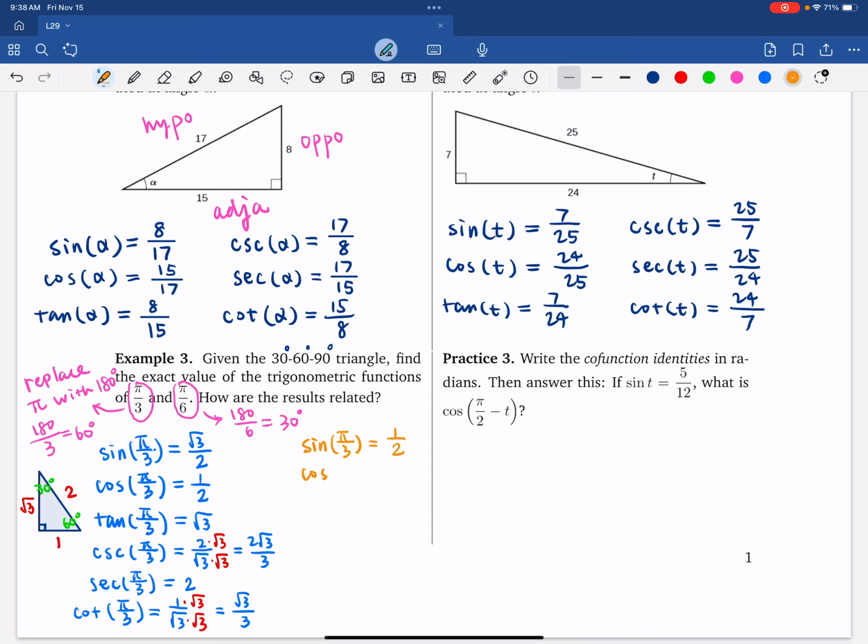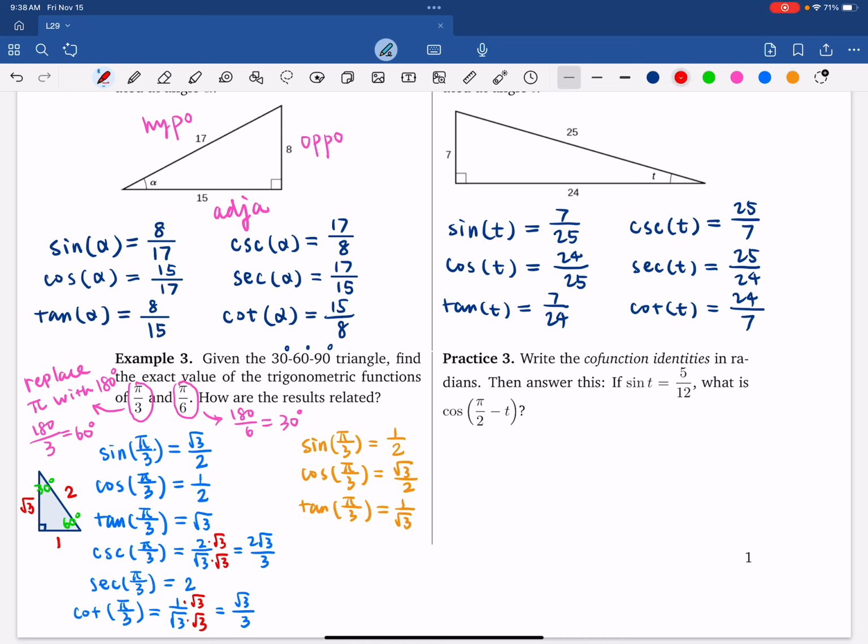And then cosine of pi over 6, that will be adjacent divided by hypotenuse, so it's radical 3 over 2. And then tangent of pi over 6, that will be opposite divided by adjacent. So that would be opposite, it's 1, divided by adjacent, radical 3.